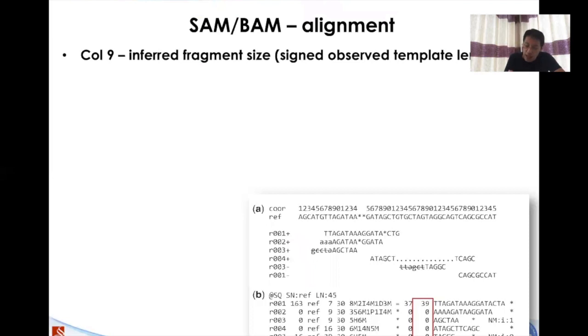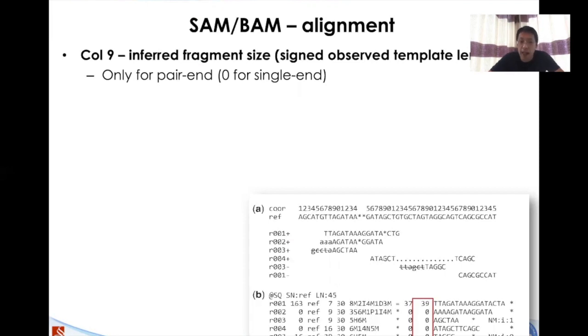Okay, now let's jump to this particular one, the inferred fragment size. What that really means is, this is a field that is only for paired end. If it's a single end read, like the other reads other than this particular 4 and this 2, they are all zeros, as you can see.